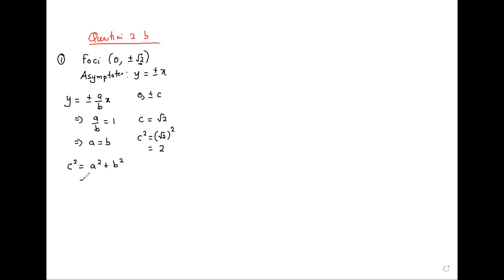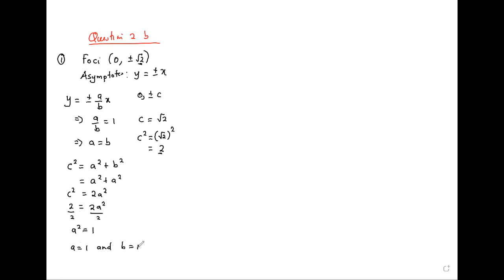But because a is equal to b, we'll have a squared plus a squared, which is 2a squared, equal to c squared. But c squared is 2, so 2 is equal to 2a squared. Dividing by 2, we get a squared is equal to 1, simply telling us that a is 1, and so b is 1.